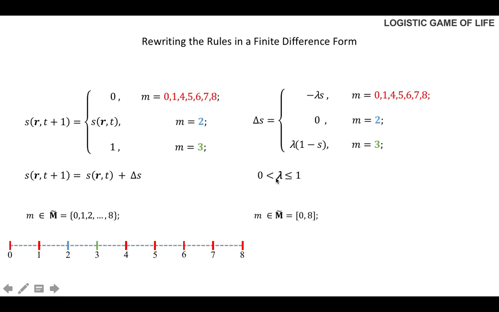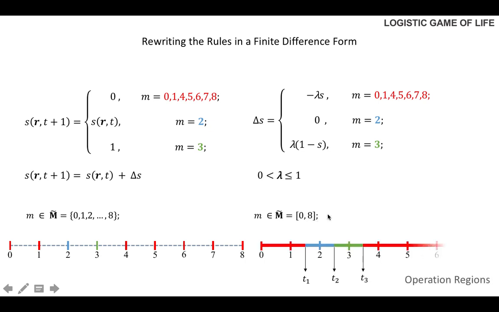So basically, once you include this lambda, the states are no longer discrete. They don't need to be 0 and 1. They can also be any rational number, and their sum can be any rational number. The neighborhood sum can be any rational number between 0 and 8.